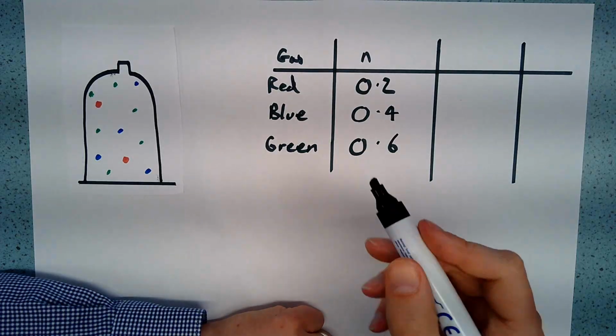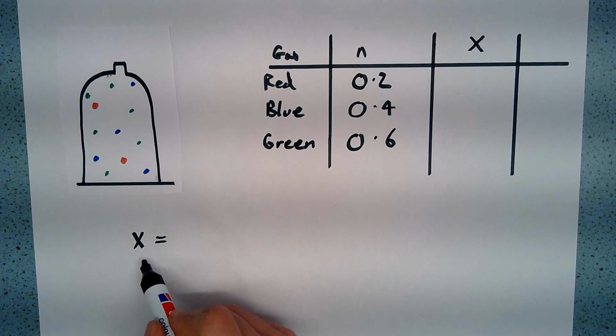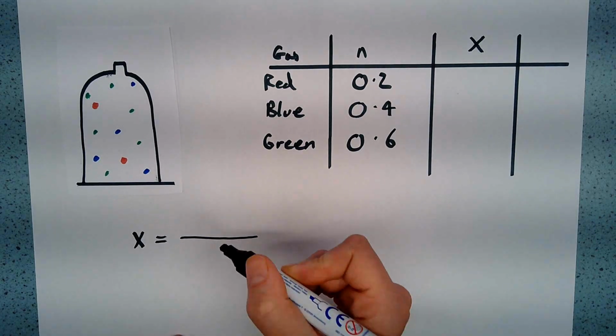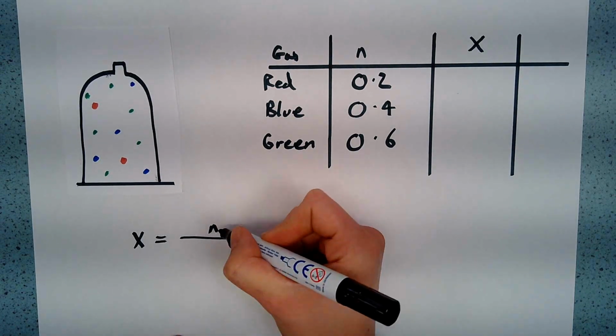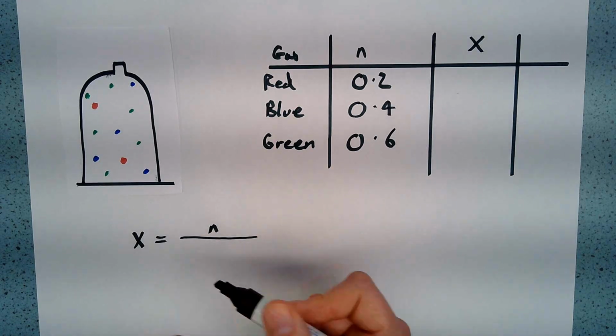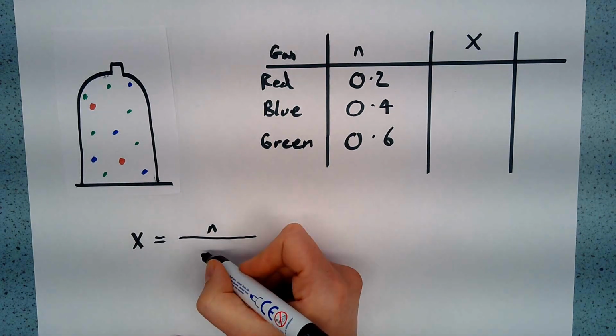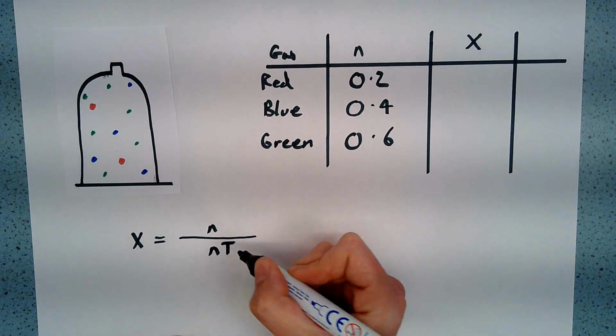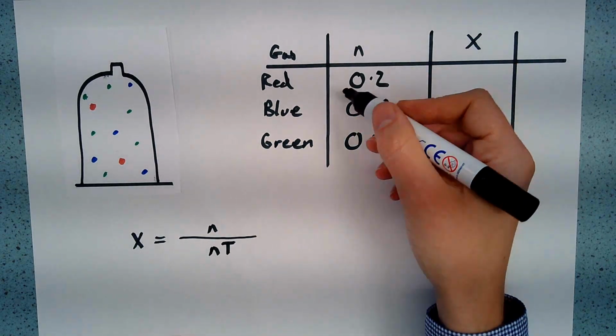Mole fraction is the proportion of the number of moles of a certain gas divided by the total number of moles in the mixture.